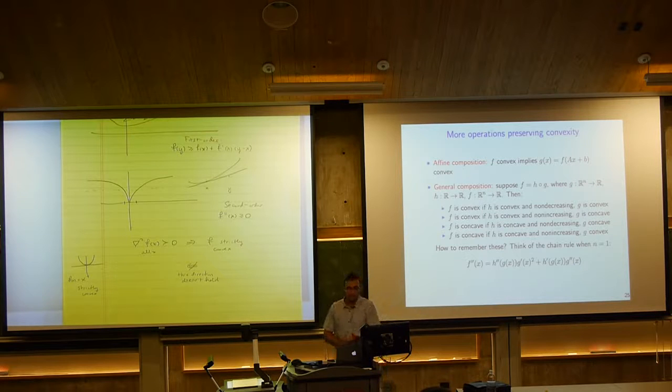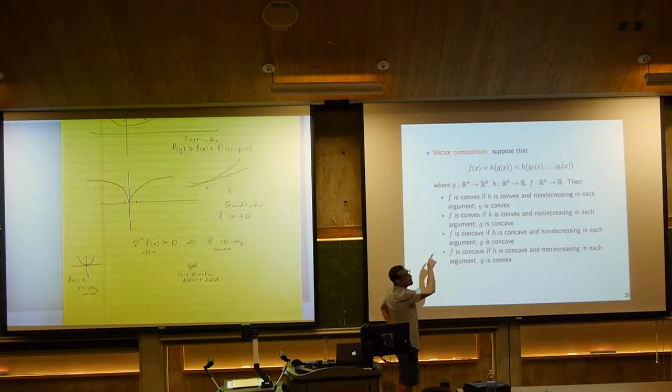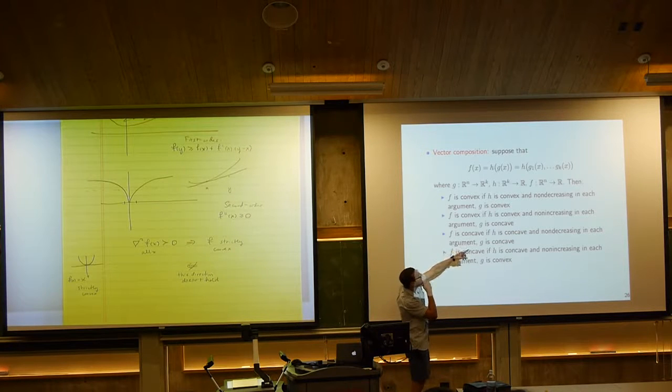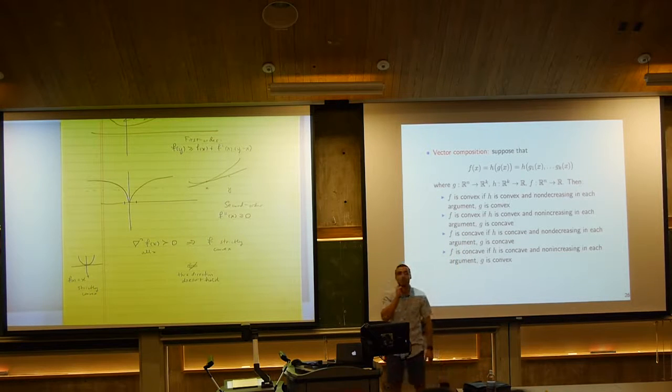Okay, so those are the general composition rules. And if you want to actually compose, say functions h and g that aren't univariate, then you just have to think about things in a component-wise way. So for example, if h is a convex function and it's non-decreasing or it's increasing in every argument, and g is convex, then the vector composition of h and g is convex.